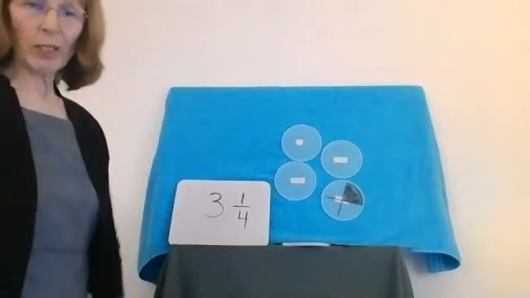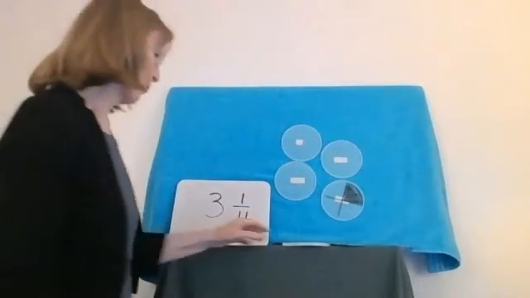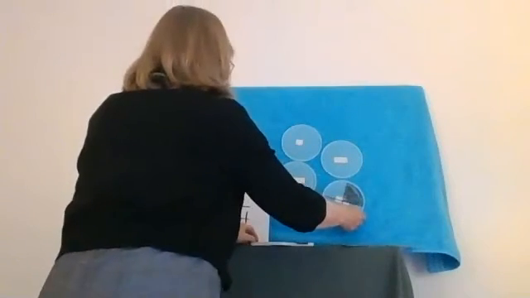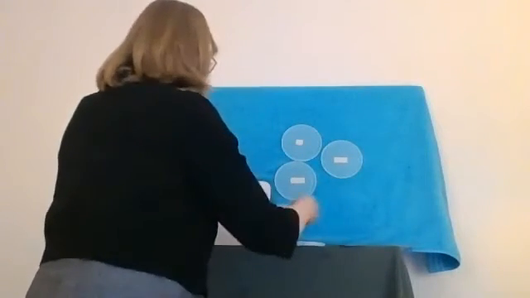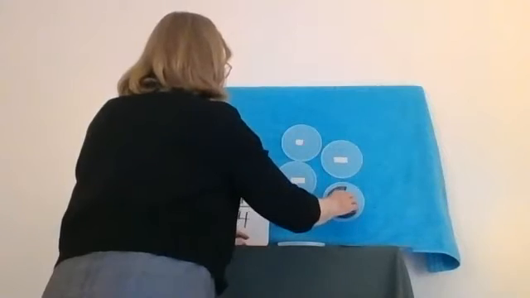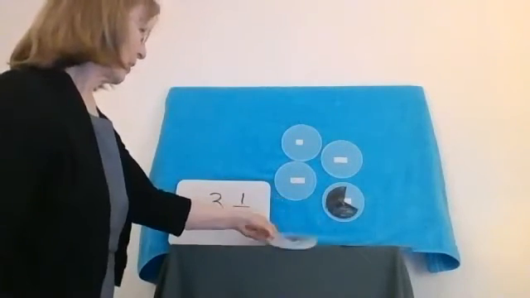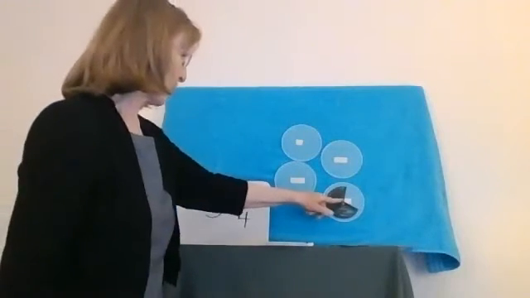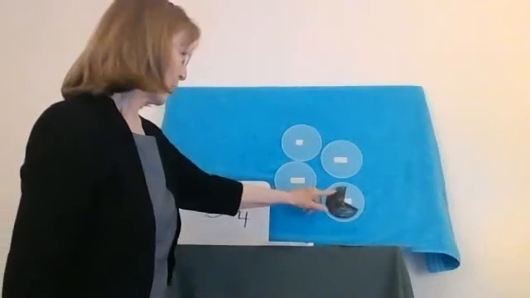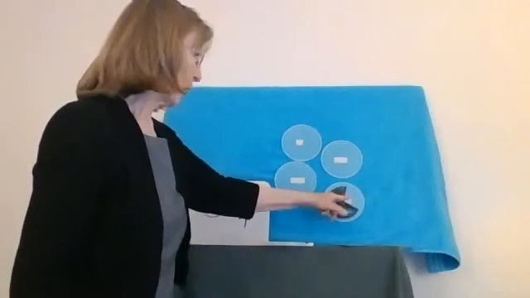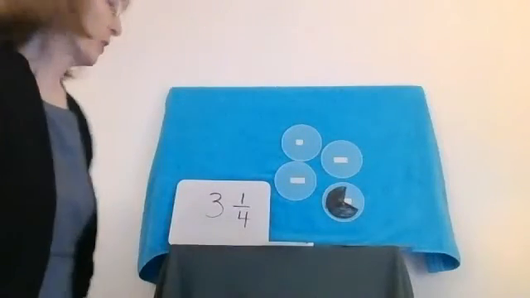Okay, now let's look at another one. That is not divided into fours. And if you look carefully, you can see where this one separates. So we have 1, 2, 3. We have 3 parts.